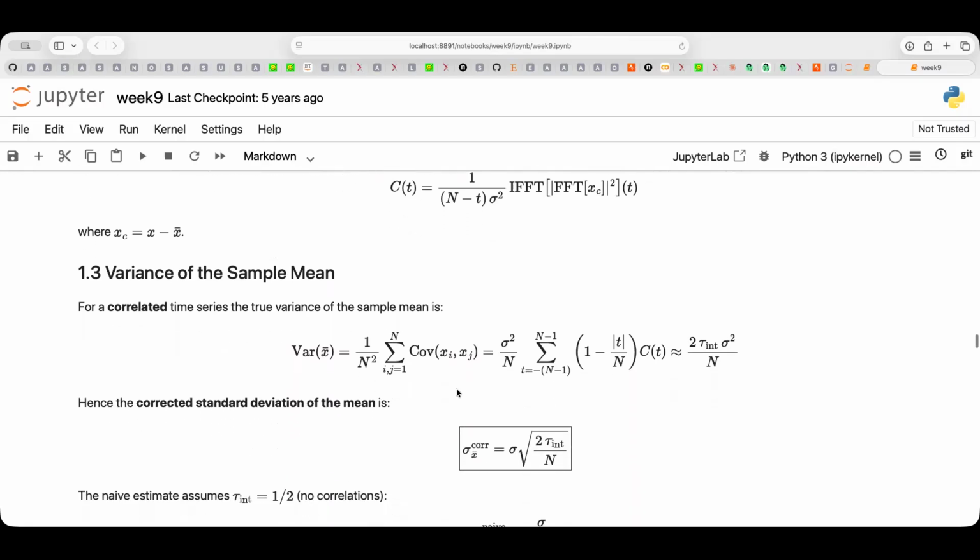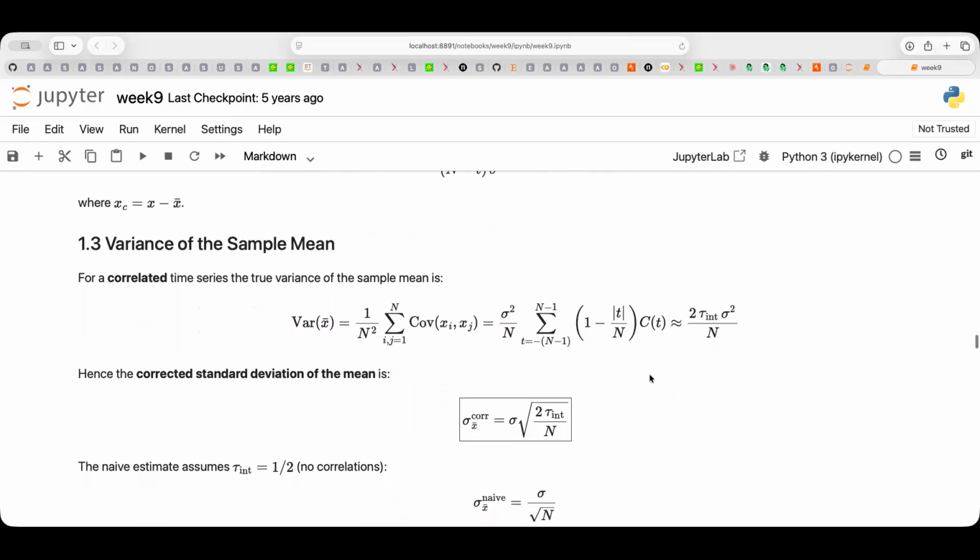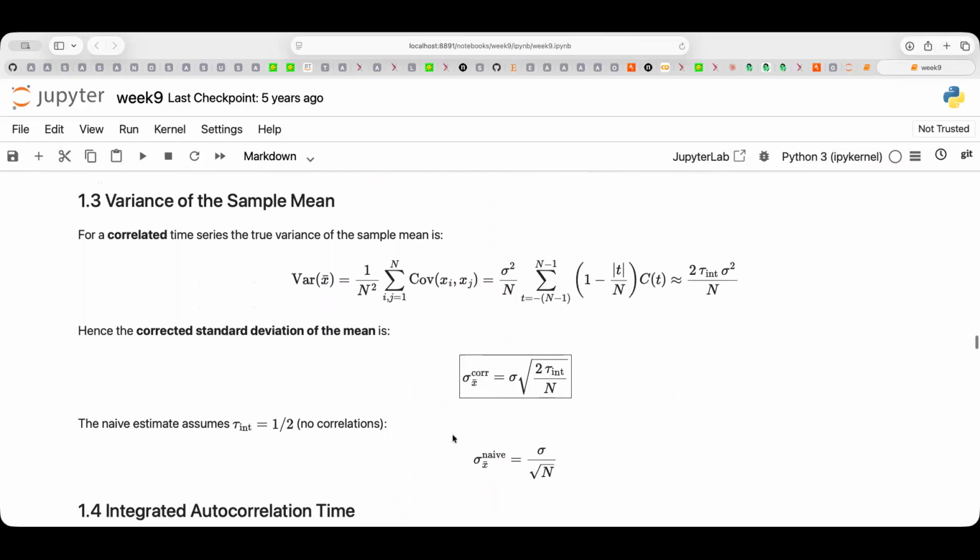Then you can calculate the variance of the sample mean. These are the quantities which we have been discussing. And these are exactly the same functions which we had in the discussion of blocking, where C of t is the so-called correlation function we defined. Then you can calculate the correlated standard deviation of the mean by this recipe here.